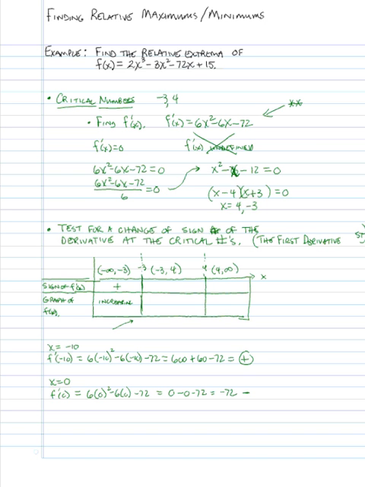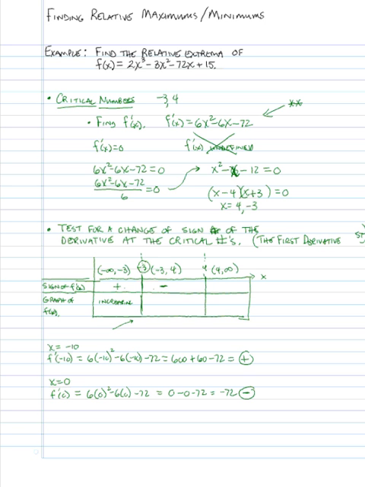But the number is not important. It's the fact that it's negative. So the sign of the derivative is negative in the next interval. And this is exactly what we were talking about before. We're seeing the sign of the derivative change from positive to negative across the critical number negative 3. That means we have something happening.